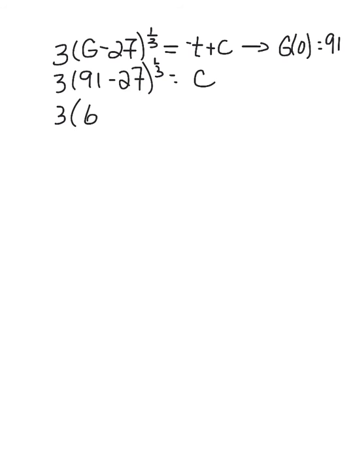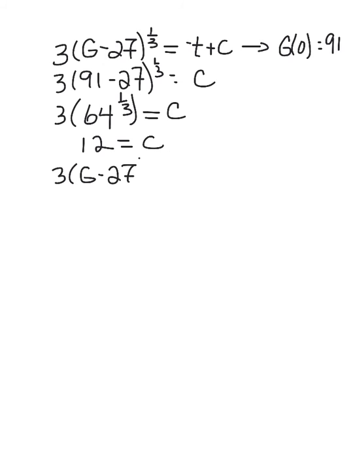So 64 to the 1/3 power. That's the cube root of 64, which is 4. So then I know that c is 12. Okay, so then let's go back. So I've got 3 times g minus 27 to the 1/3 power equals negative t plus 12.